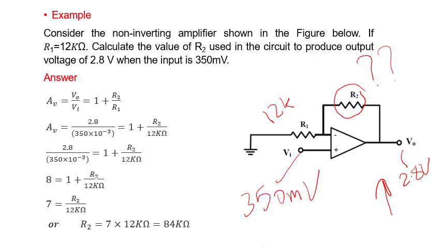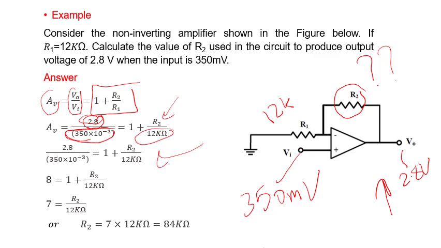To calculate this is very simple, because we know the formula saying the gain, Vout over Vin, equals 1 plus R2 over R1. You simply substitute the known values, which are Vout and Vin. We also know R1, so it becomes one equation with one unknown. Solve it, and you are going to find finally that R2 equals 84 kilo ohm.